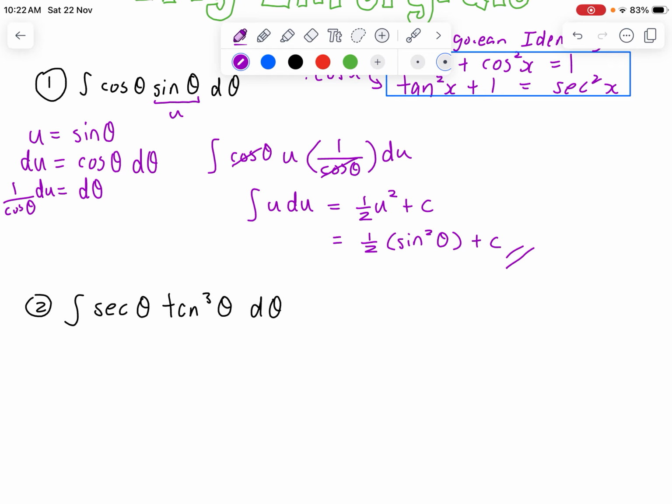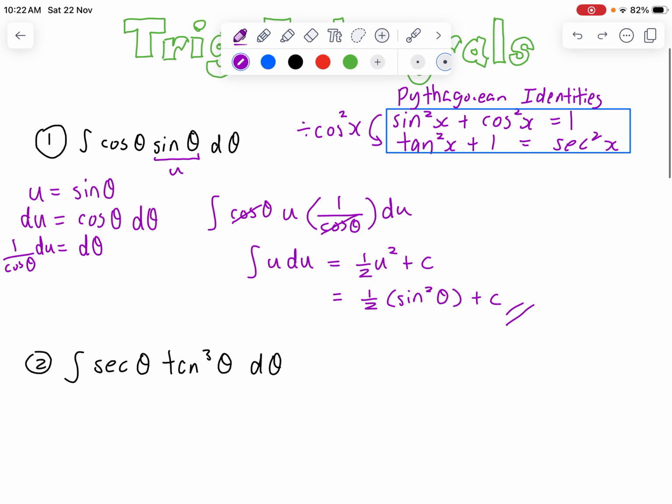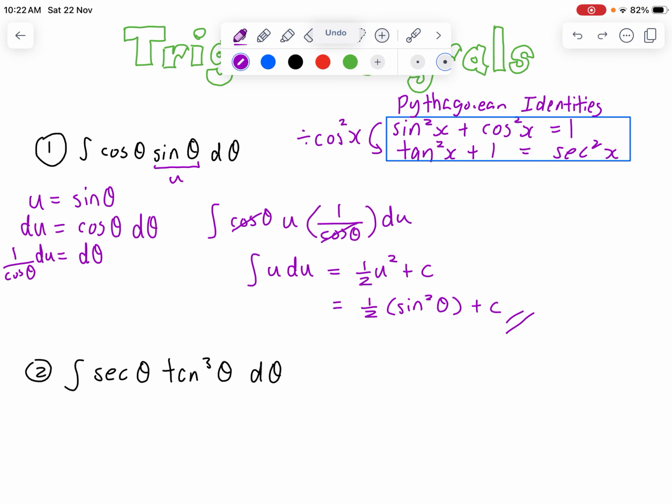In this scenario, I can't directly use u substitution, because let's say I let u be tan theta. It wouldn't work, because when we differentiate, it's not going to cancel out everything. So we can't directly use u sub. What we want to do is refer back to the Pythagorean identity.